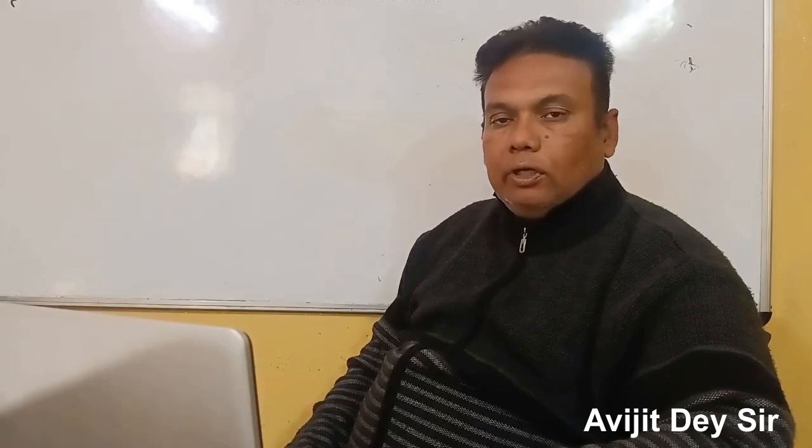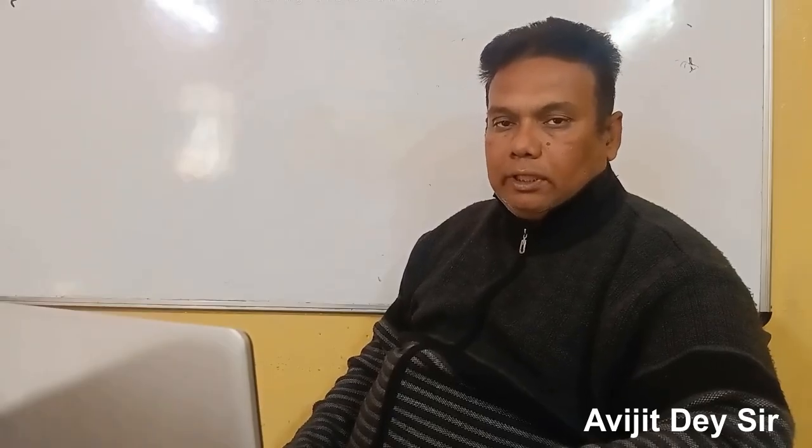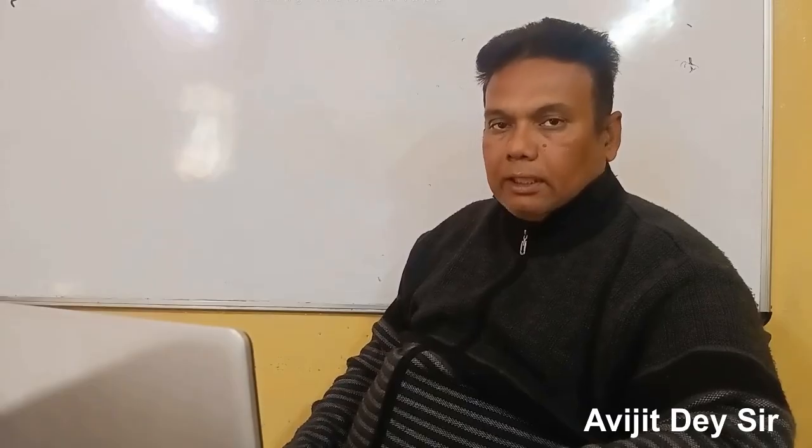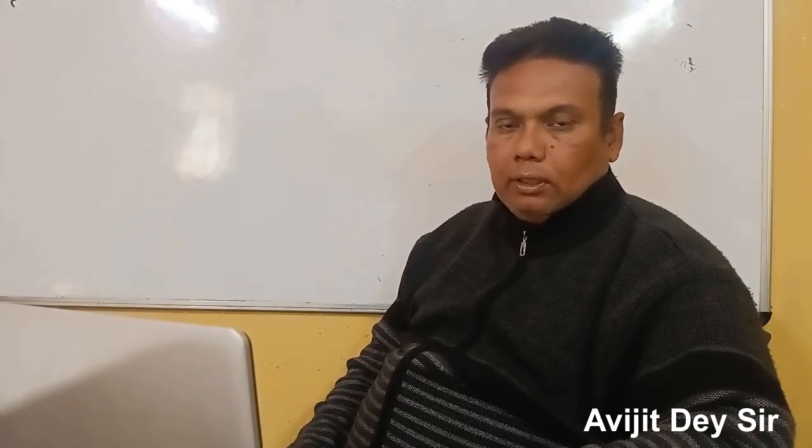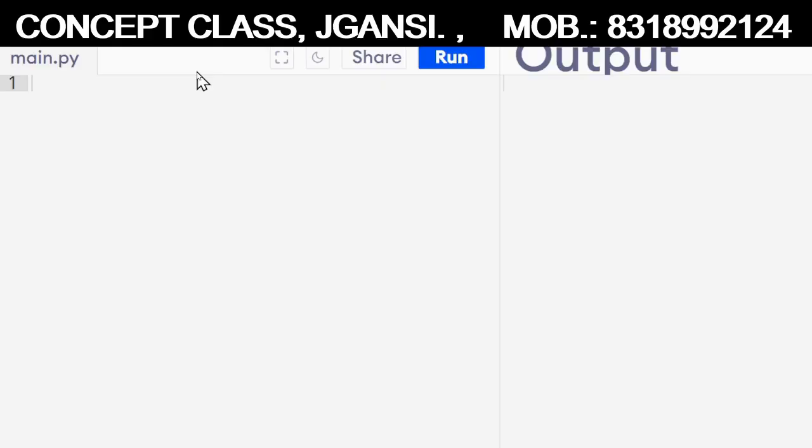The tuple has only two functions, and we'll see it in our practical session. So let's move on to see how the tuple works. Now let's discuss the tuple. Tuple is very similar to the list, but it has a very small number of functions.